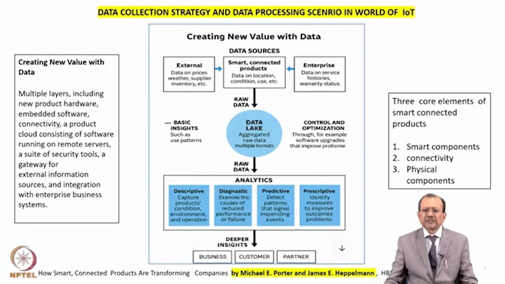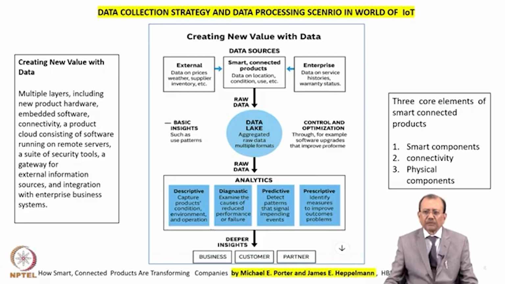So basically, if you see this diagram, this is a quite integrated diagram which is required to be viewed in any manufacturing, any application, or any solution which we are developing with the help of IoT and other advanced technologies like analytics.